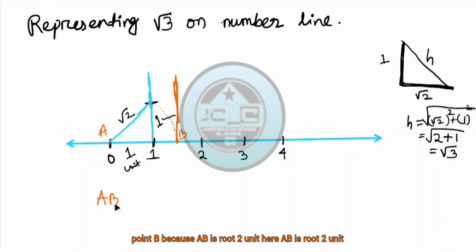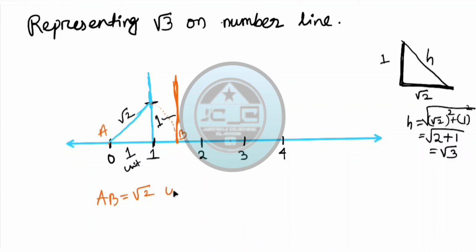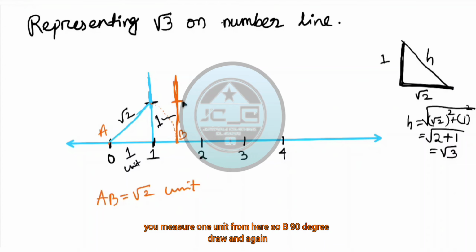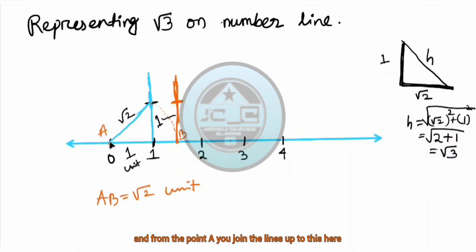From B you construct 1 unit, measuring 1 unit from here. Draw 90 degrees at B and again draw 1 unit here, right?